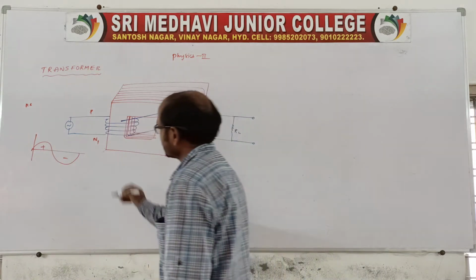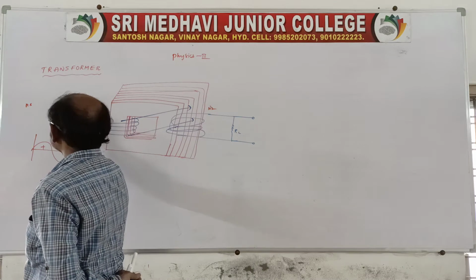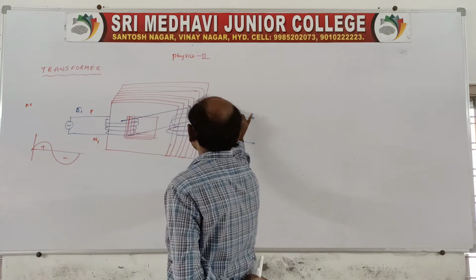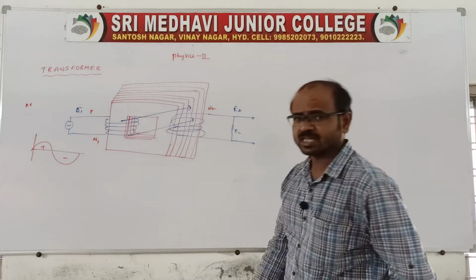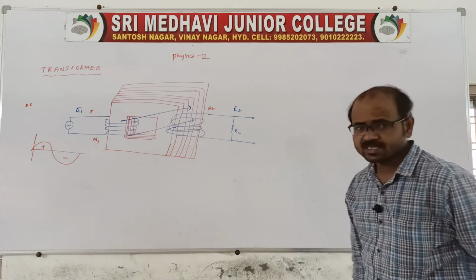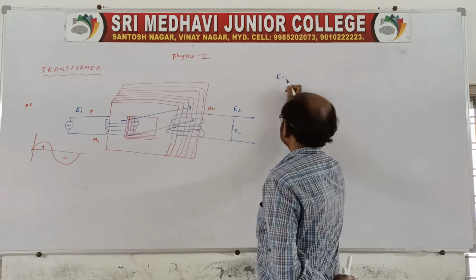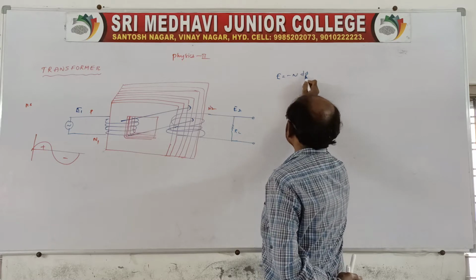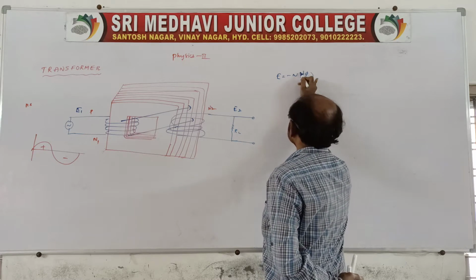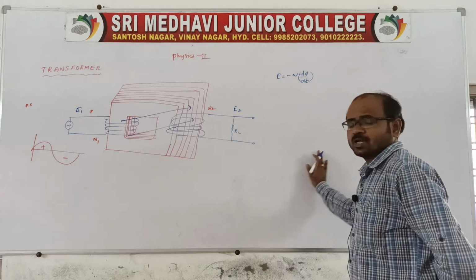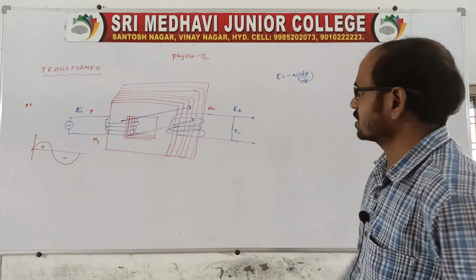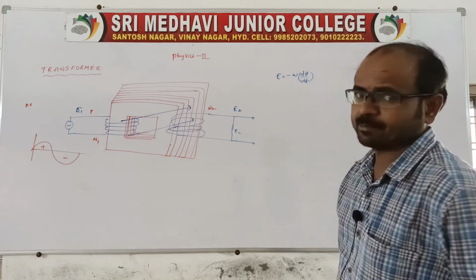Suppose the input EMF we give is E1 and we get output E2. According to Faraday's laws, E is nothing but EMF equals minus N d phi by dt. This is Faraday's second law. Now we need to find the output EMF.